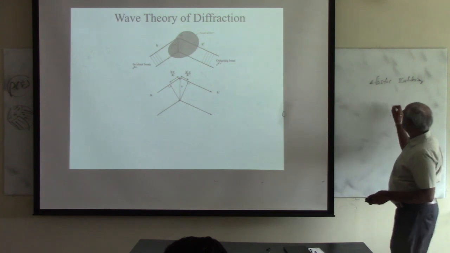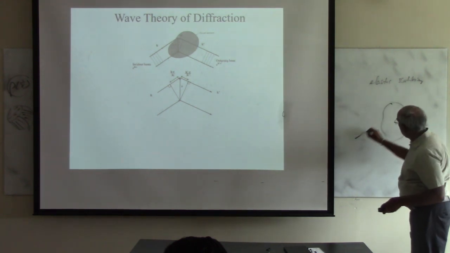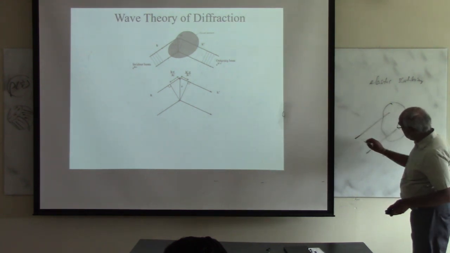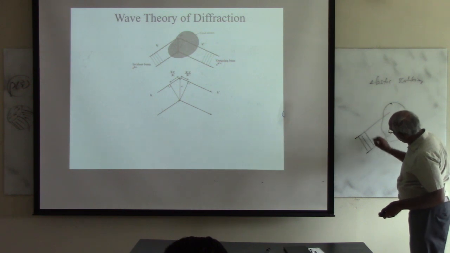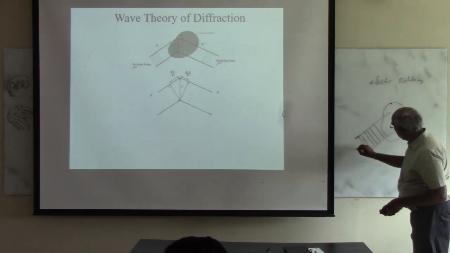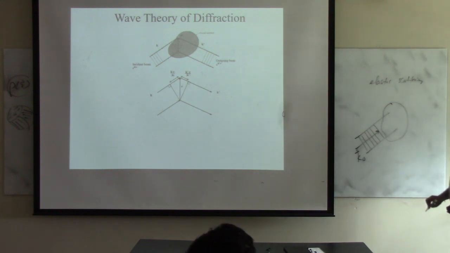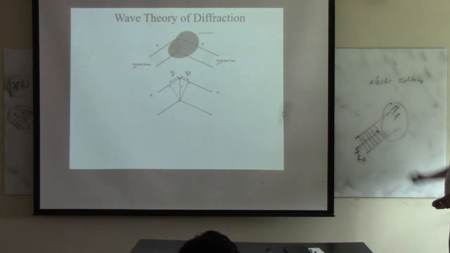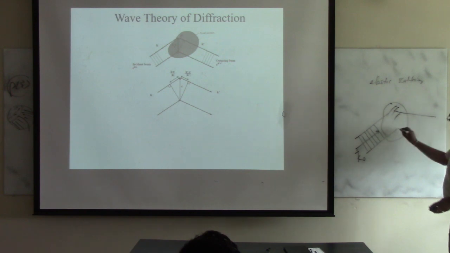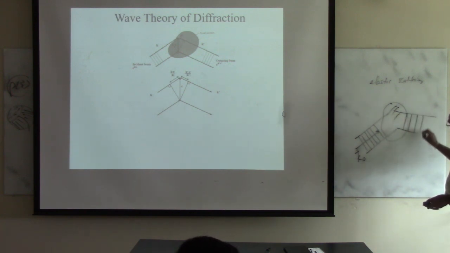Elastic scattering means, suppose I have some wave coming here, with wave fronts like this, with some wave vector K0. Now this is my sample, so this is going to be diffracted. Now it is going with some K, and these are my wave fronts.